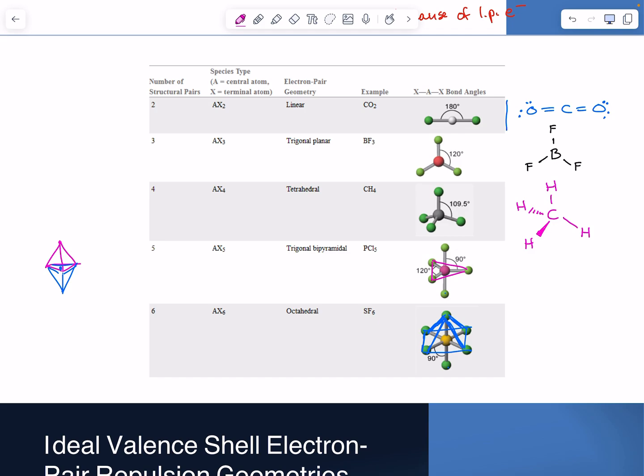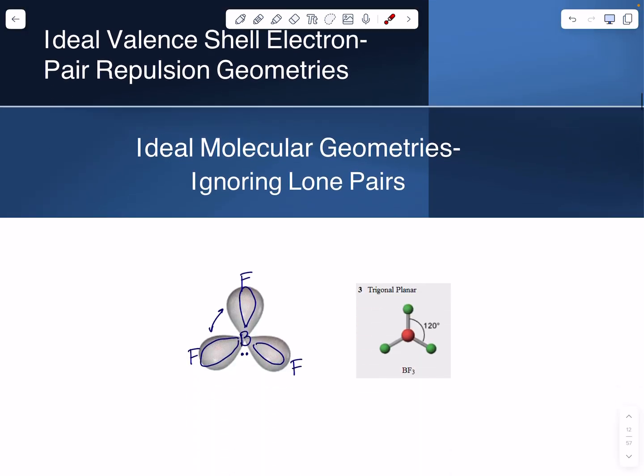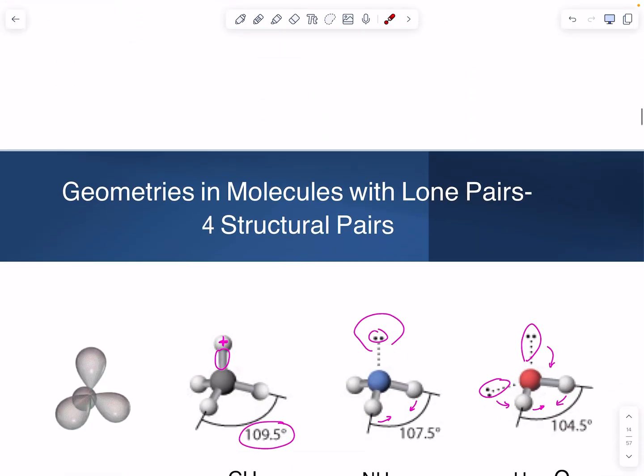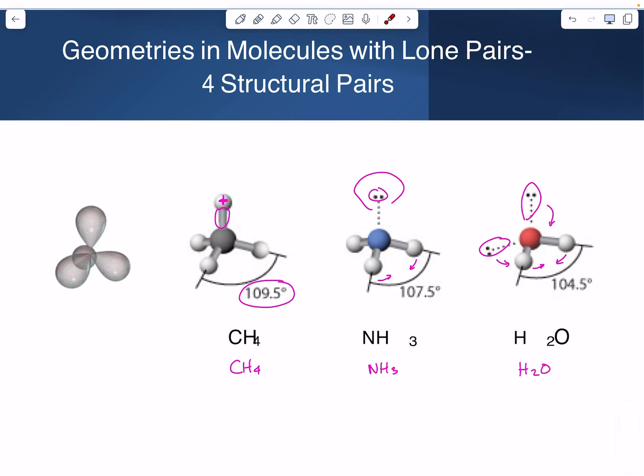So we looked at a few of these geometries, and where we wound up last class was talking about the impact of lone pairs.